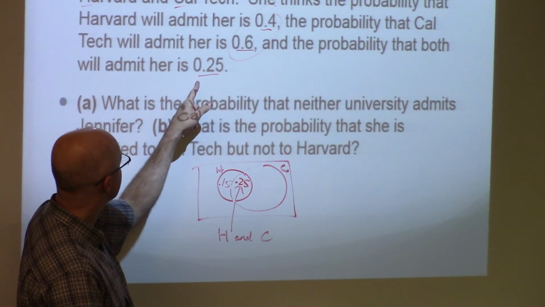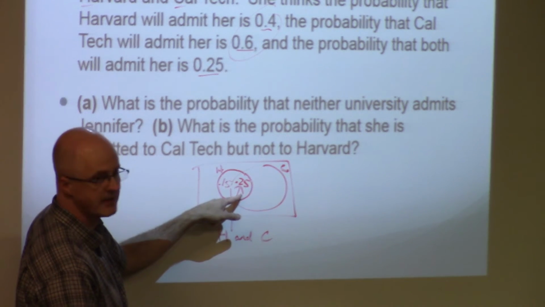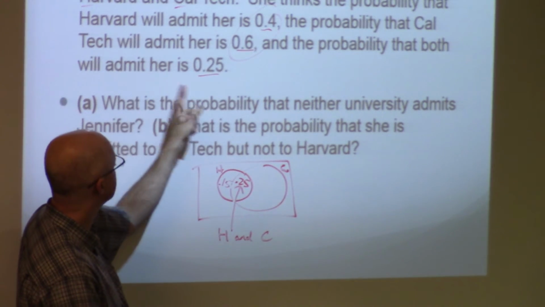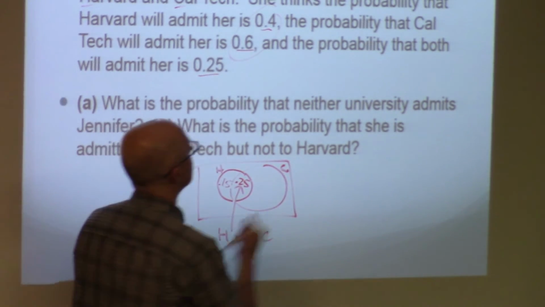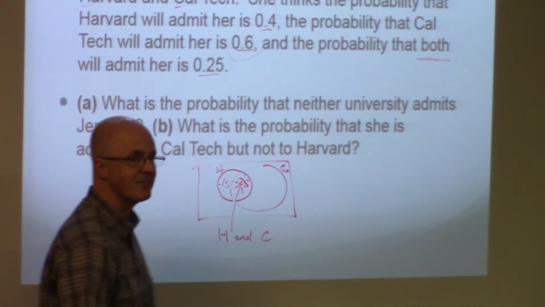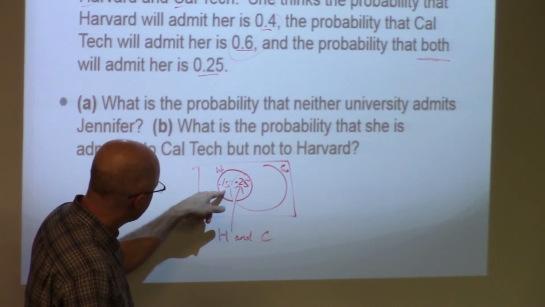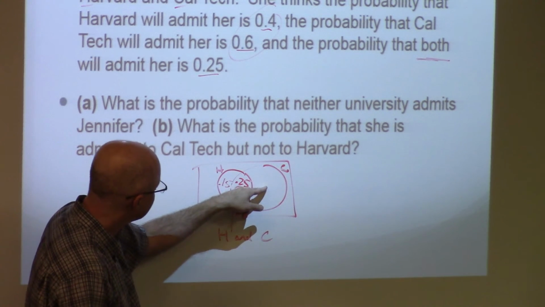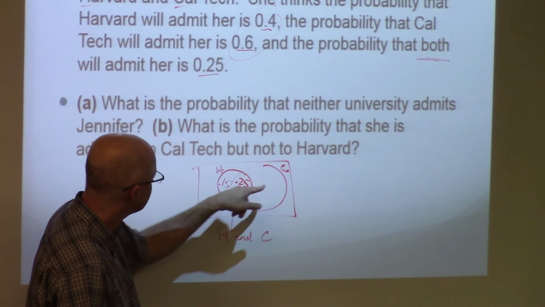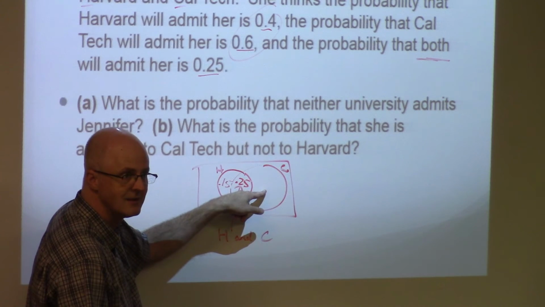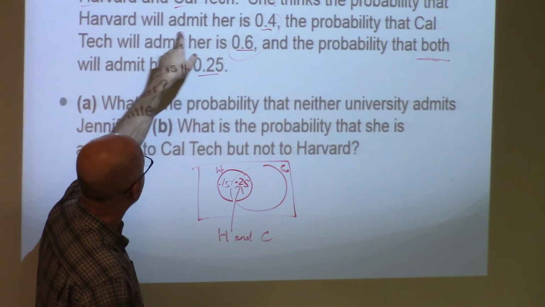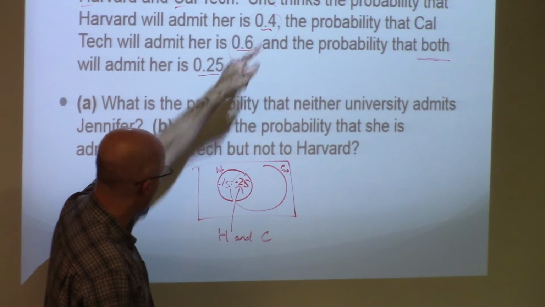I start by labeling the 0.25 with the common intersection, because that's the probability of being admitted to both. I would like to label this crescent moon shape with the probability that she's admitted to Harvard but not to Caltech, because it's in the Harvard circle but not the Caltech circle. I know her total probability of being admitted to Harvard is 0.4.